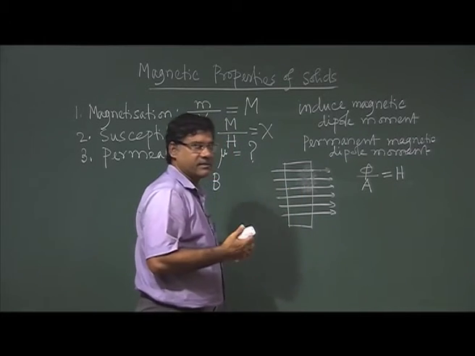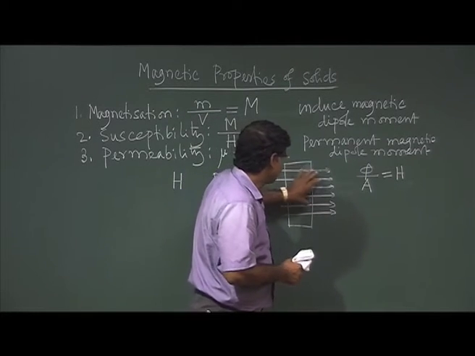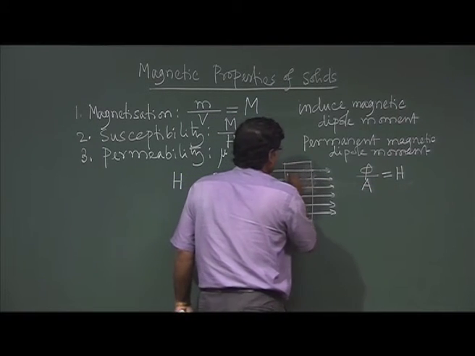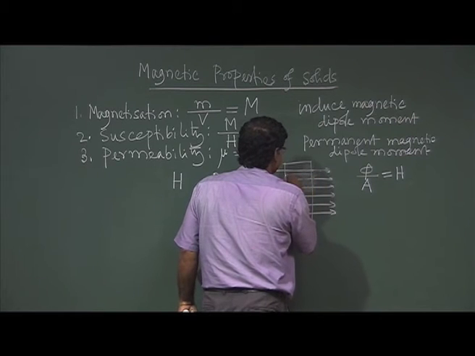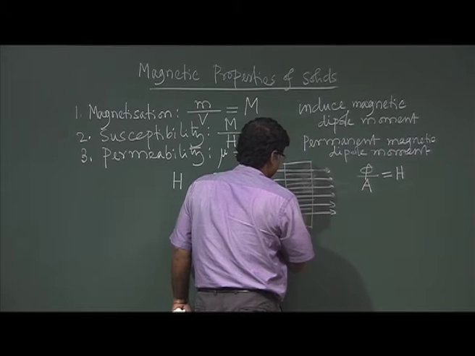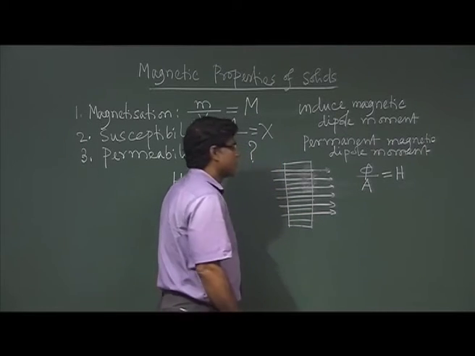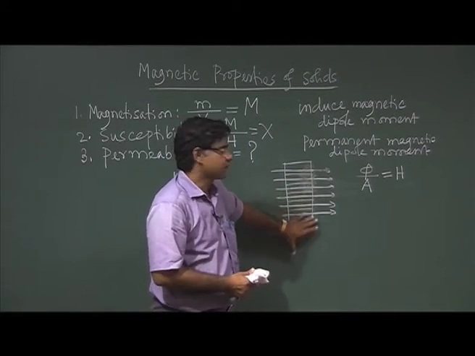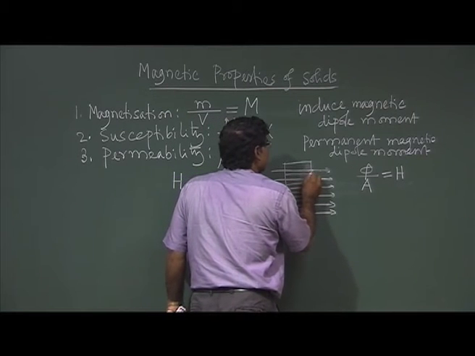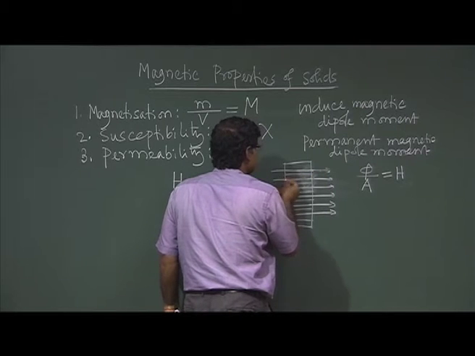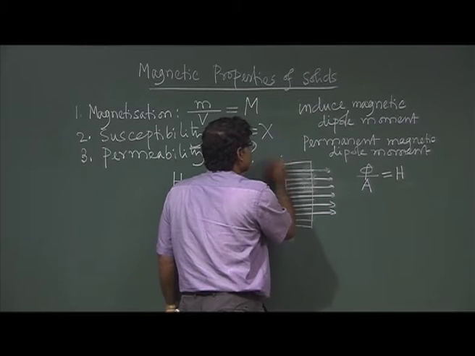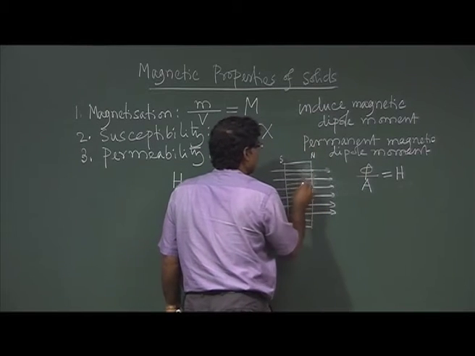So now, inside this material, whatever the total field is, there are lines of force for this external field and some lines of force for this magnet. If it is a magnet, it will behave such that this surface is the south pole and this is the north pole.